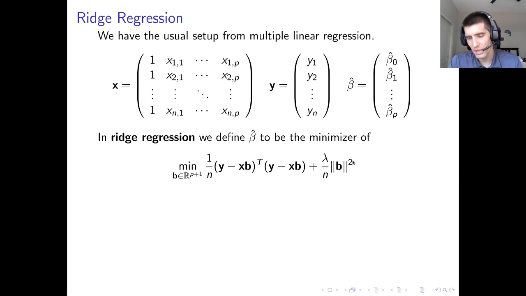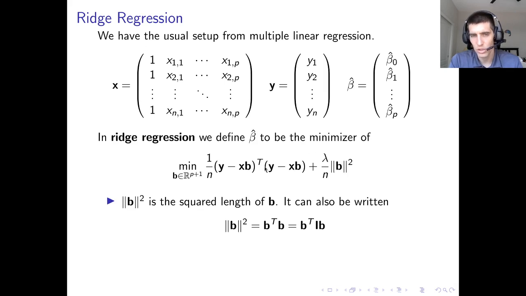But I add a penalty to it, okay? This penalty here, I'll explain what this is, but this lambda is some coefficient, and here n is the sample size, the number of observations we have, and b is our coefficient vector, okay? So this norm of b here is the squared length of b, okay? So this can also be written b transpose b.